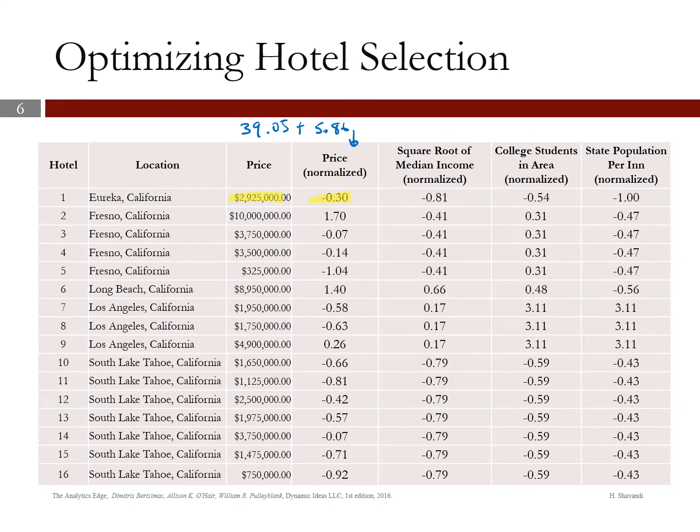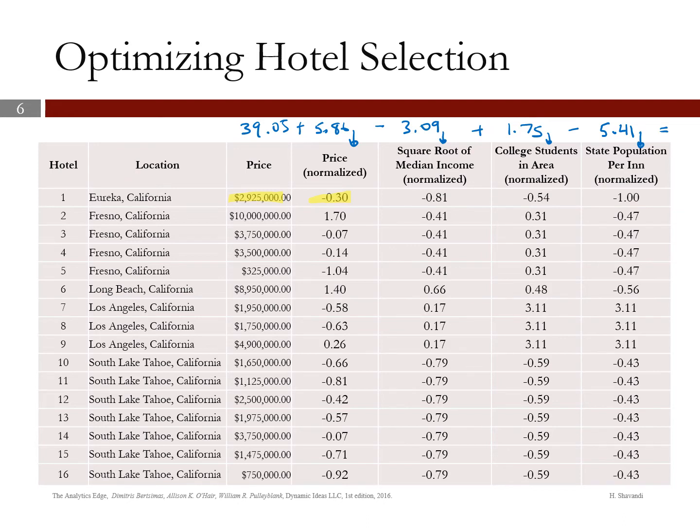And then the square root has a negative relationship with profitability, and its coefficient is 3.09, so this is multiplied by the value in this column. And the college student again has a positive relationship, and its coefficient is 1.75, so this is multiplied by this column. And at the end, the state population per n has a negative relationship, and its coefficient is 5.41, and this is multiplied by this column. And at the end, we would have the profitability.